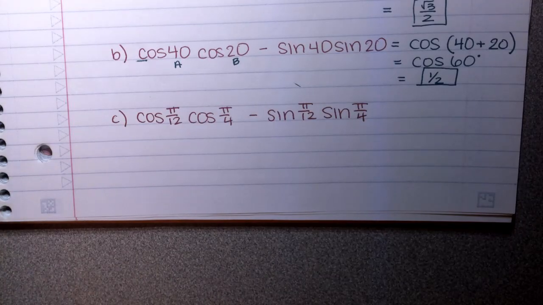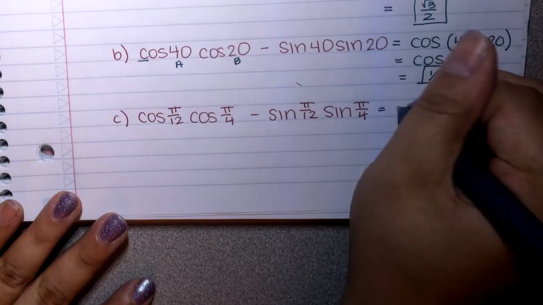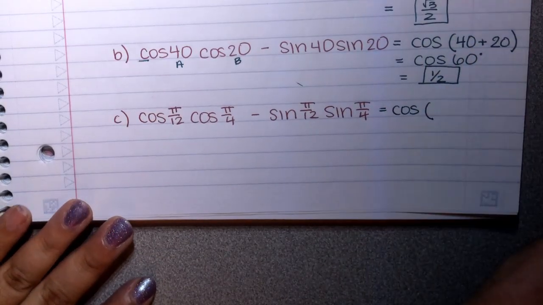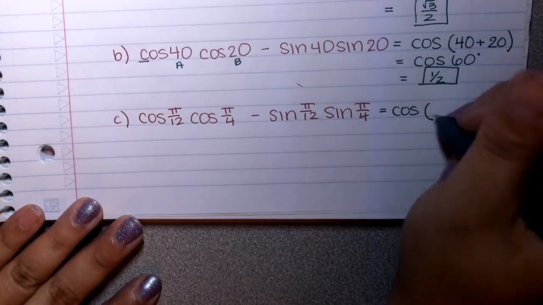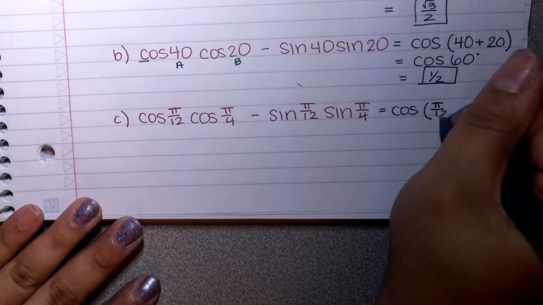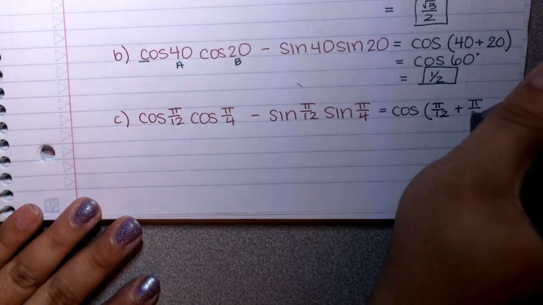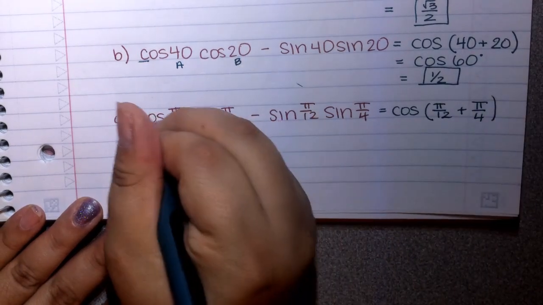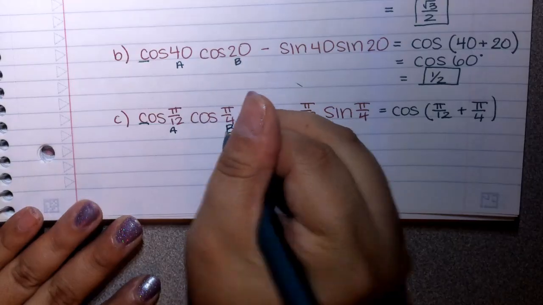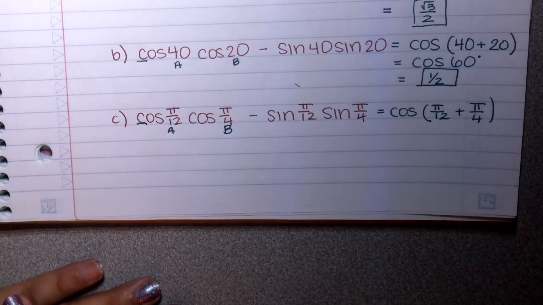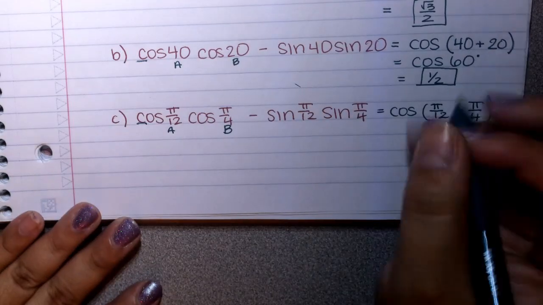Sine or cosine? Cosine. Am I going to add or subtract? Why add? Because it's the opposite sign. Do y'all agree with that so far? What does that add up to when I add them?